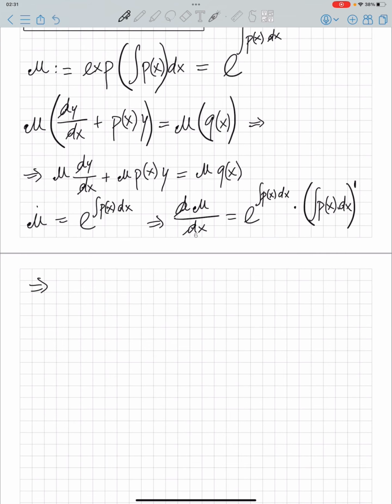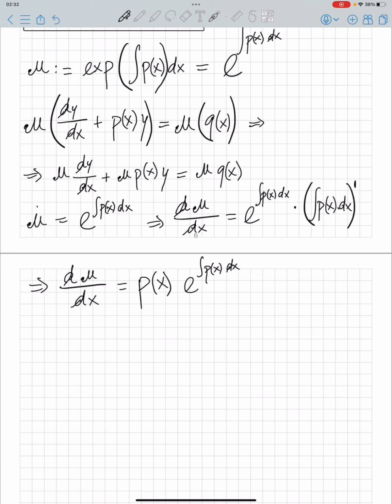Now this implies that d mu dx is equal to this, let's copy it, and this we know that integration and differentiation are mutual inverse, so they're gonna cancel out, and here we're gonna be left with just p of x, right? So basically it is p of x times this exponential, so e to the power integration of p of x dx.